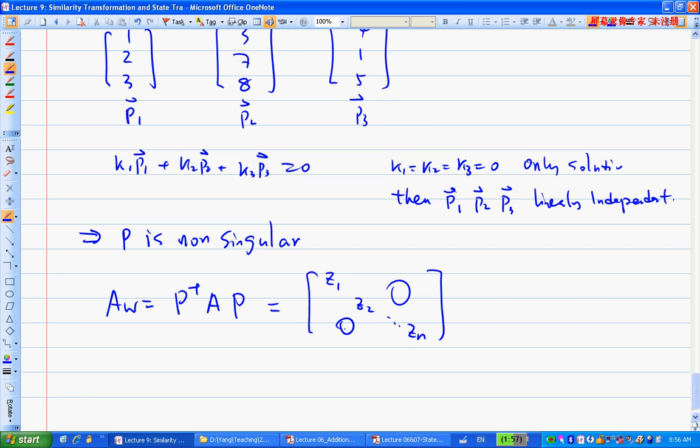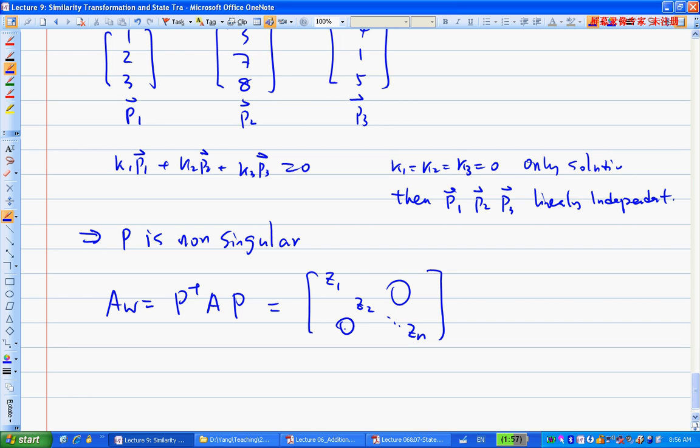I have a short proof in the lecture notes, so you can take a look at that. It's quite easy. There are only two lines of proof actually.